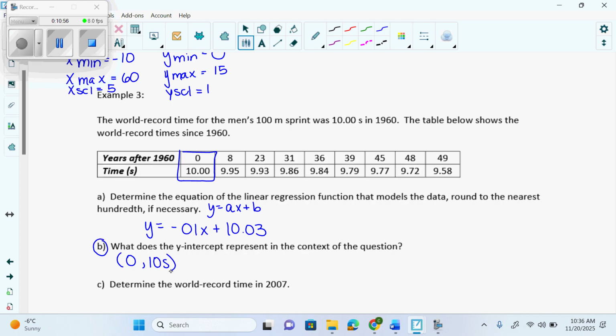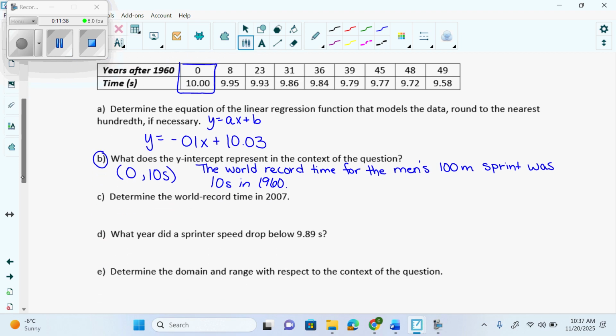So in the context of this question, it would say the world record time for the men's 100 meter sprint was 10 seconds in 1960, which is what they wrote above. That's what it actually represents.